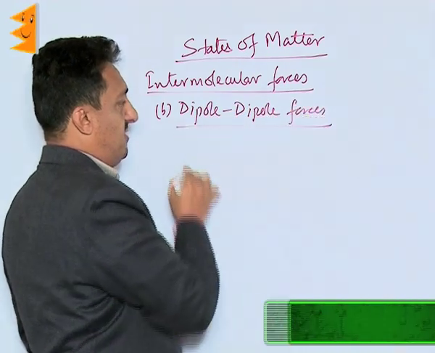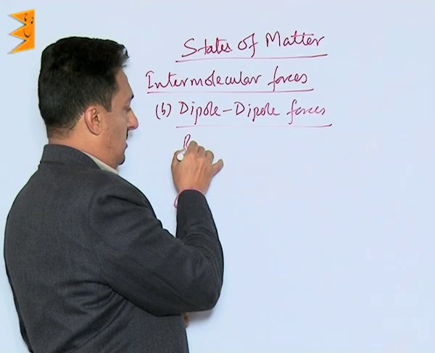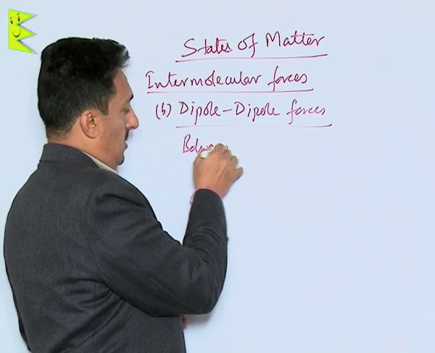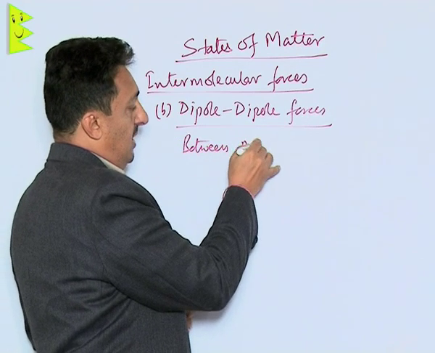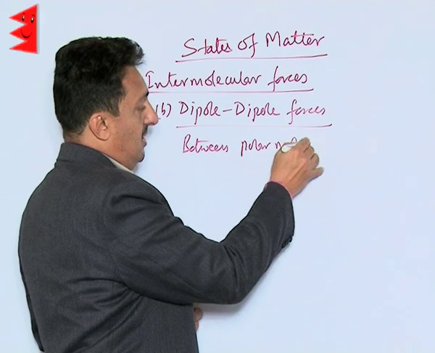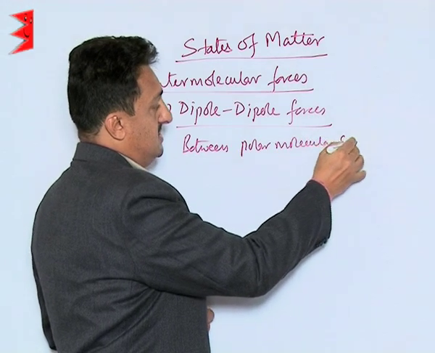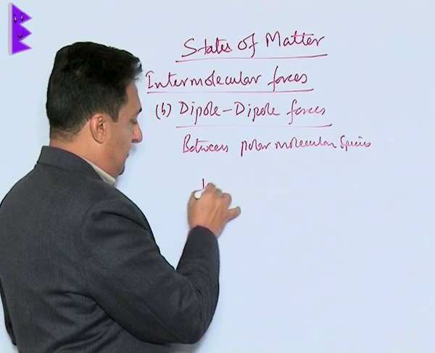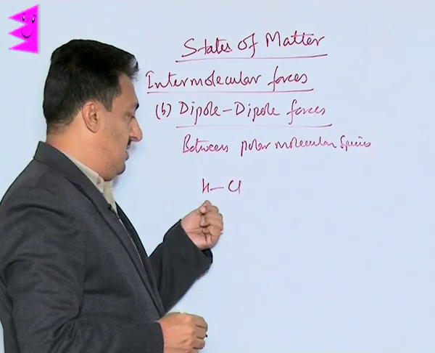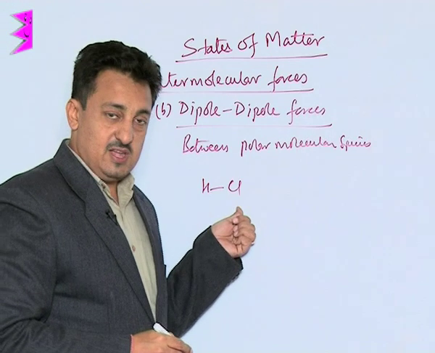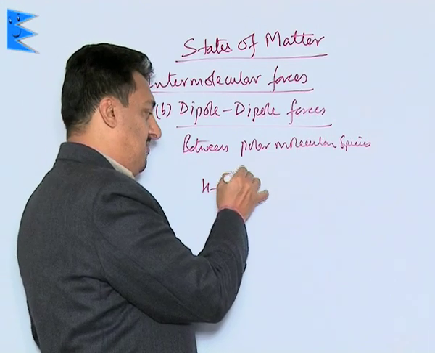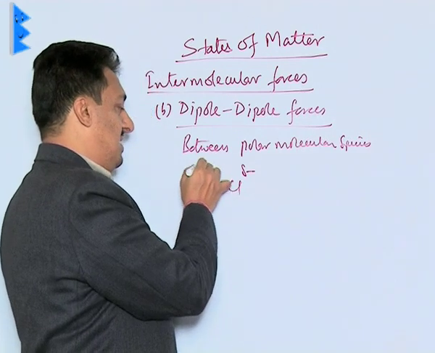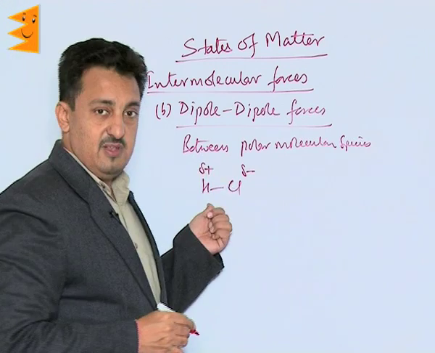See, these are the forces which exist between polar molecular species. So you have done in the chemical bonding chapter, like we have HCl. Now, due to the difference of the electronegativity of the two atoms, the more electronegative one acquires a delta negative charge and the lesser electronegative one acquires a delta positive charge.